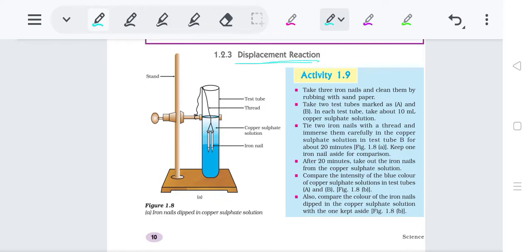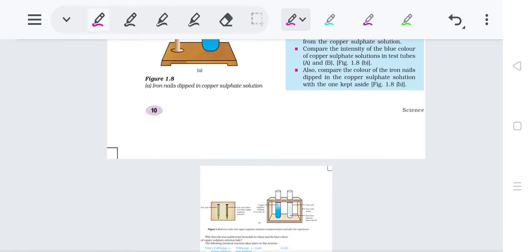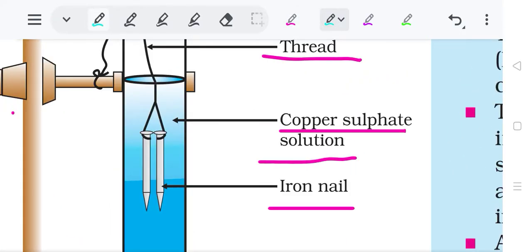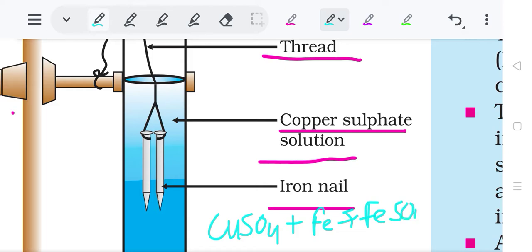Then we have displacement reaction. So activity 1.9, we have a stand, test tube, thread, copper sulfate solution and iron nail. When this reaction takes place, copper sulfate plus iron, you will see the formation of FeSO4 plus copper.